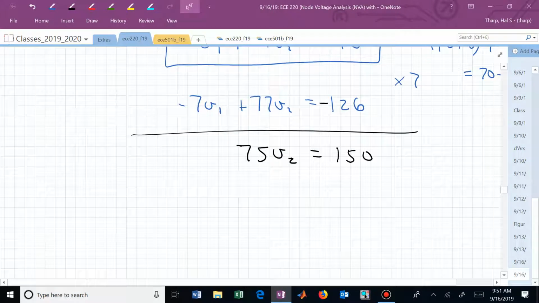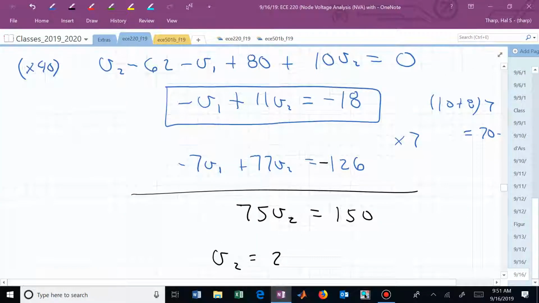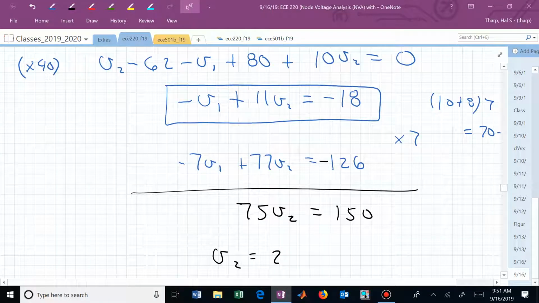And we end up with V sub 2 is equal to 2, and V1 we can use from that box. We'll figure that out. I'll do that offline, somewhere in the cloud probably, and you guys will see you tomorrow.